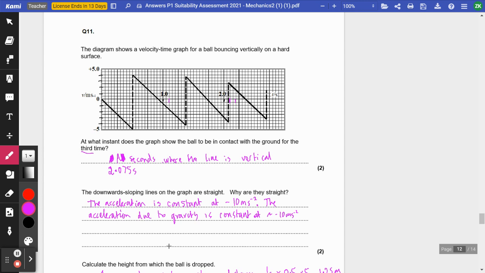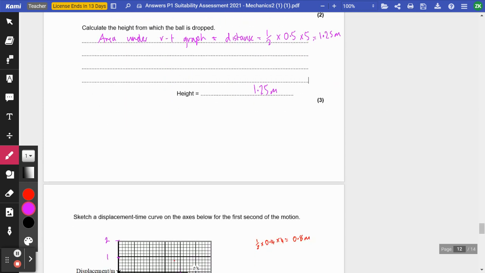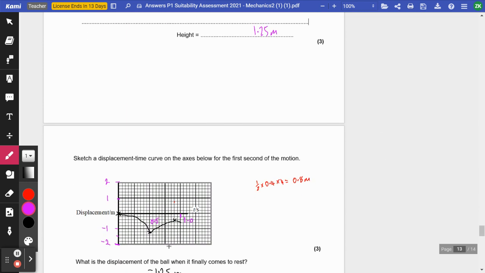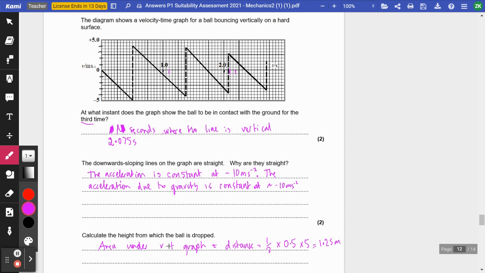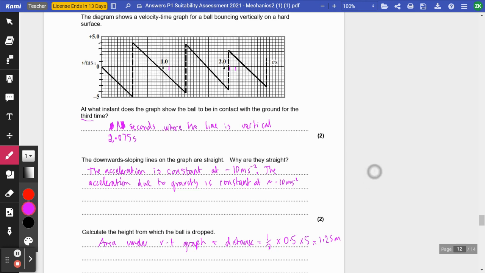If we work out this area here, that will give us the height the ball bounced afterwards, and that is half times 0.4 times 4. So that there is 0.4, approximately 4 seconds, and the area is 0.8 meters.